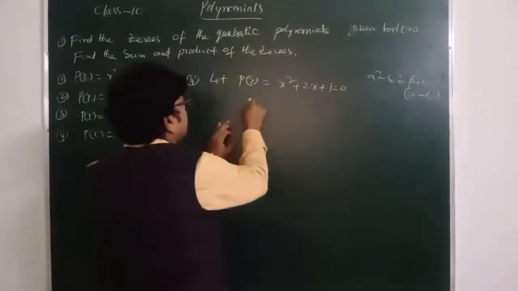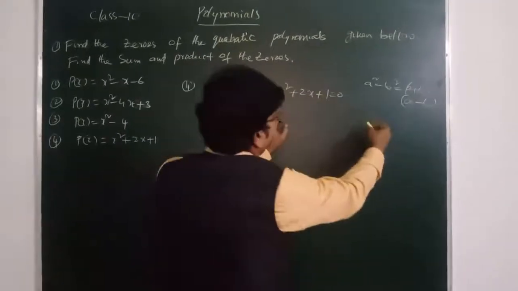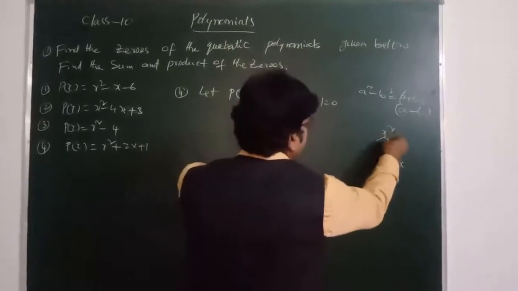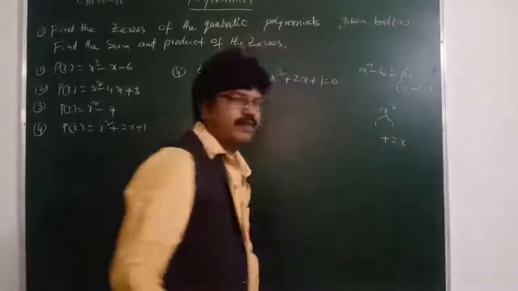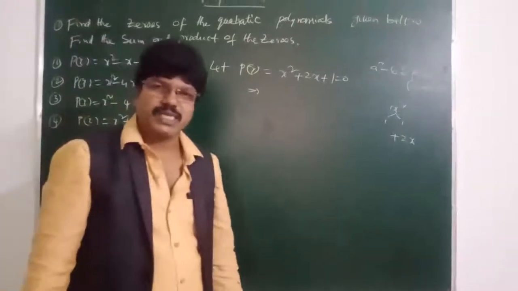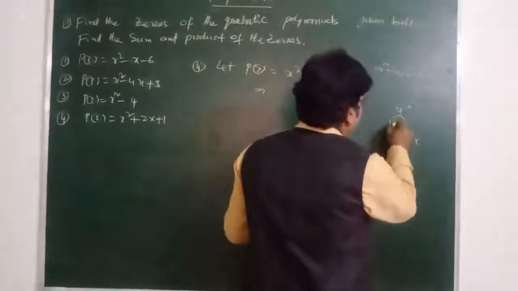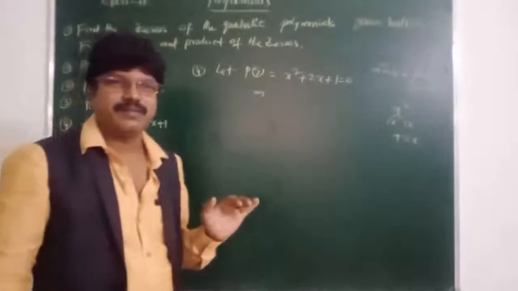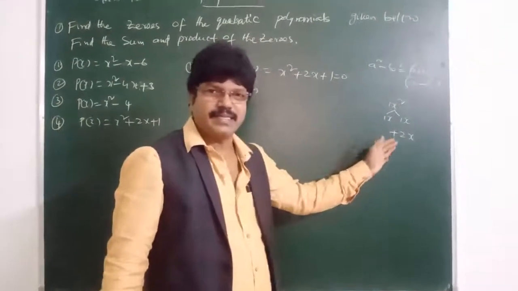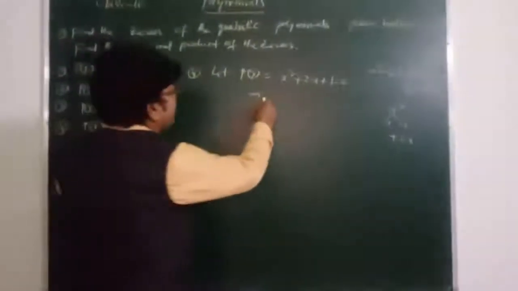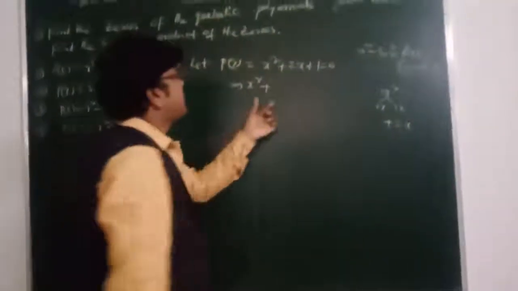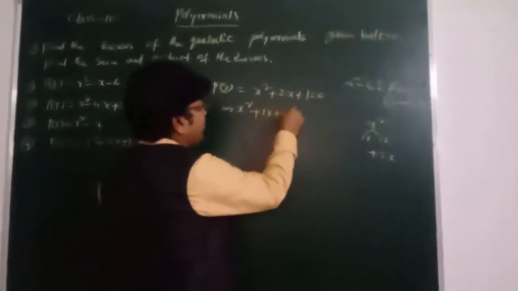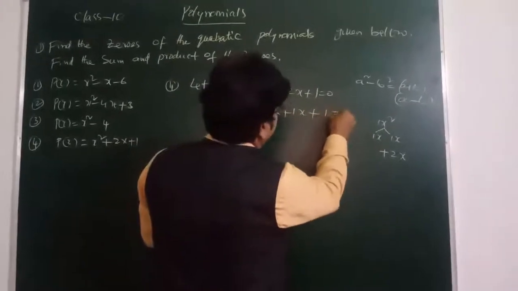Here, if you multiply these two, we get x square and plus 2x. How can you write this? 1x square, 1 into 1, 1 square, 1. So 1x plus 1x, 2x. Does it satisfy? Yes, it satisfies. So instead of 2x, we write x square plus 1x plus 1x plus 1 equal to 0.